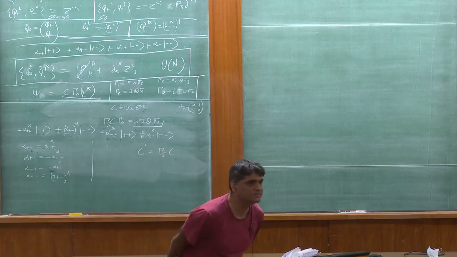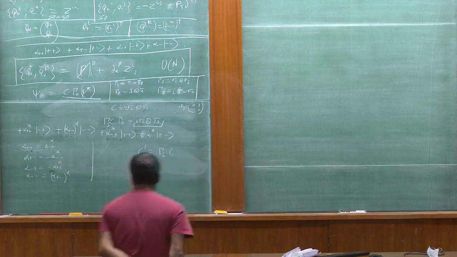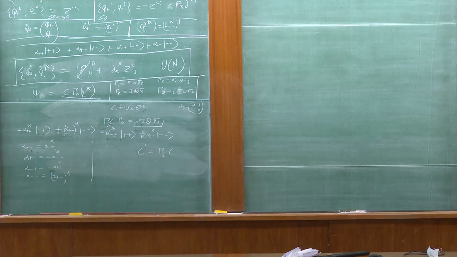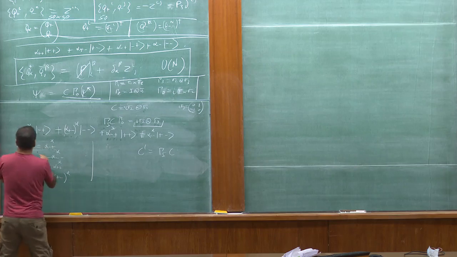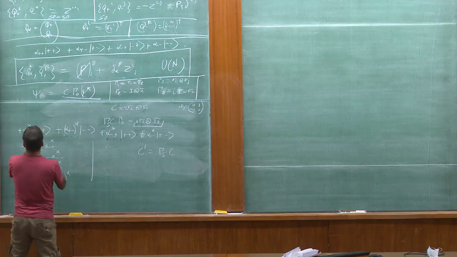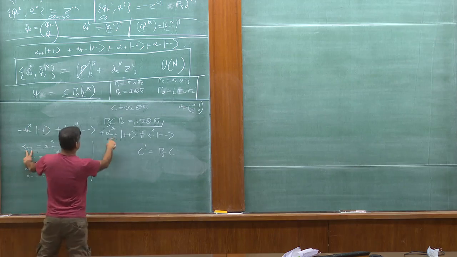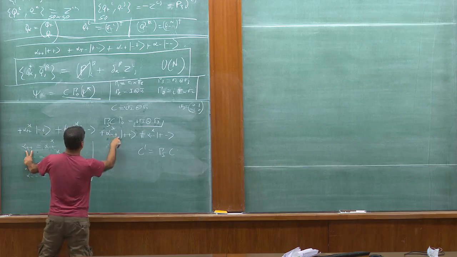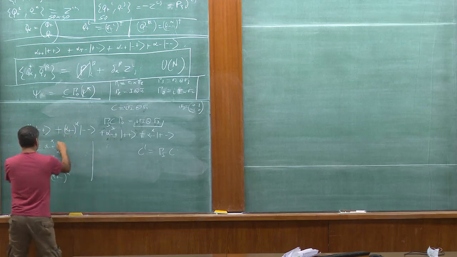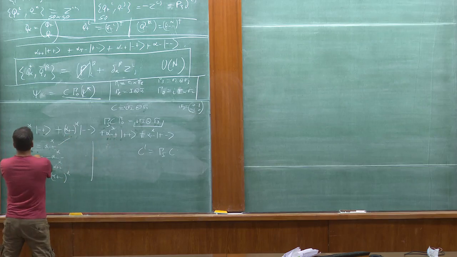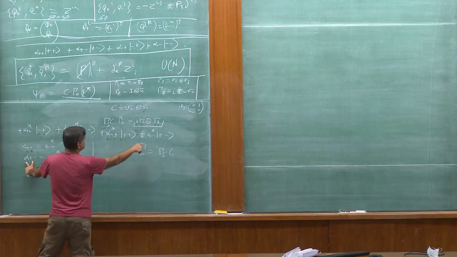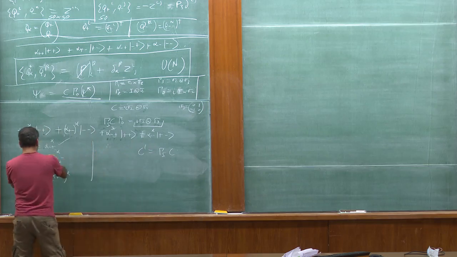All good? Okay, so now compare the coefficient of plus plus and minus, and plus plus was here. So we have plus, minus plus star, this is okay. The coefficient of plus minus is now this.